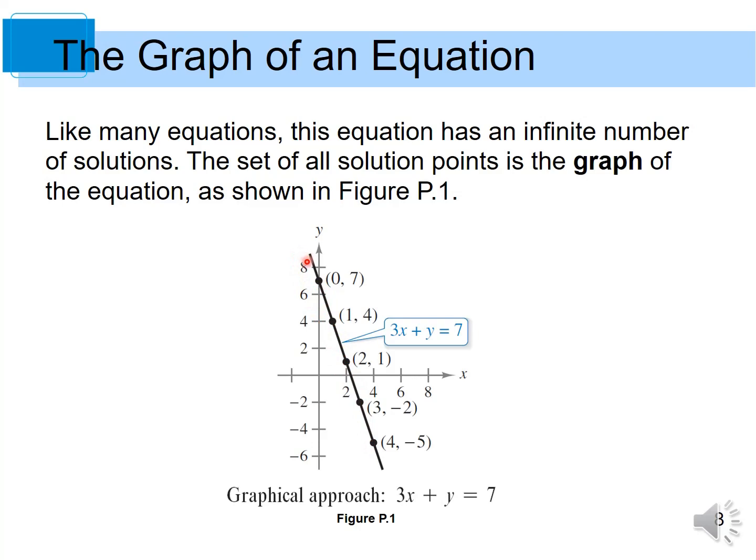Then you connect all the points here, and you form a straight line, because this is a linear equation where the order of x is 1. In your graph, you should have x as this label, y as this label, and the equation name.